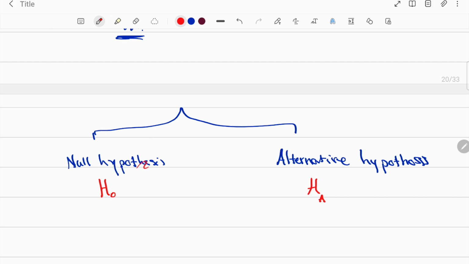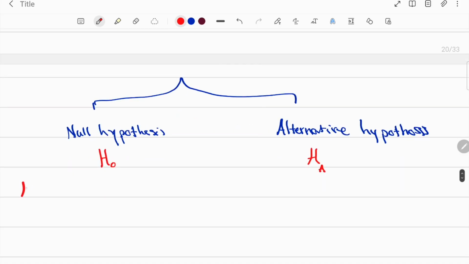And it is always formulated as the default or status quo. So it always takes the status quo position. And as I said, it always states there is no significant difference, or there's no effect between the groups. There is no relationship between the variables. This is the null hypothesis, the default situation. Everything is the same. There is no difference.